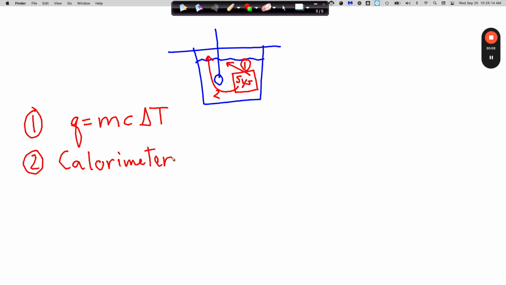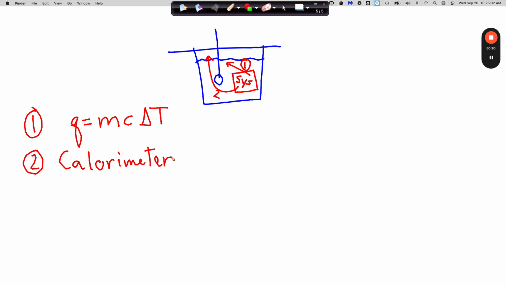And that is simply going to be the cup and the koozie and the stirrer and the thermometer and even a little bit of air at the top and then the cardboard lid. Guys, that's the calorimeter. And energy will be lost to the calorimeter.